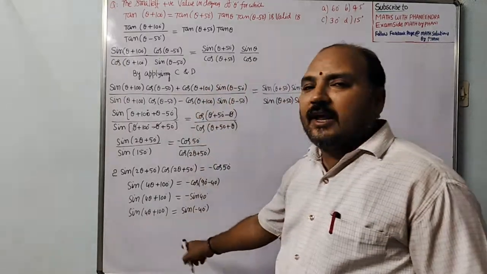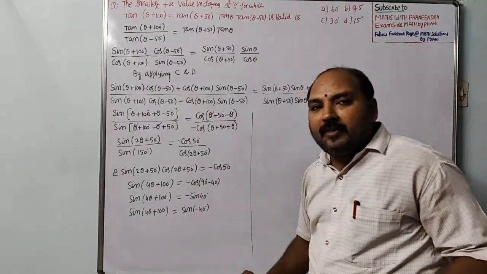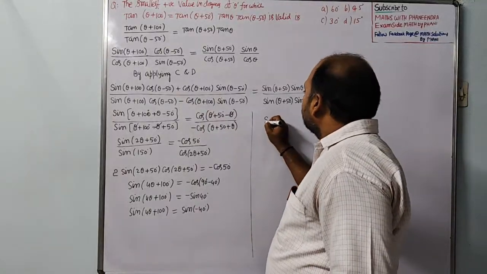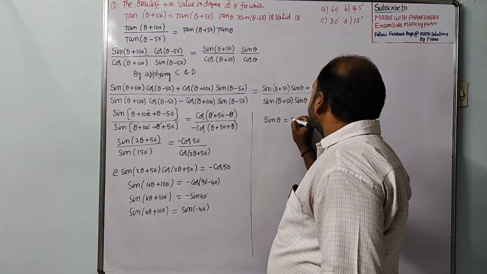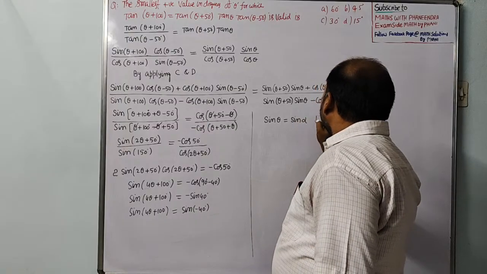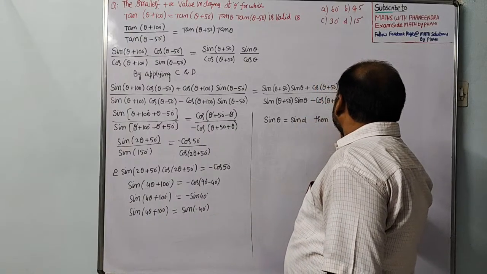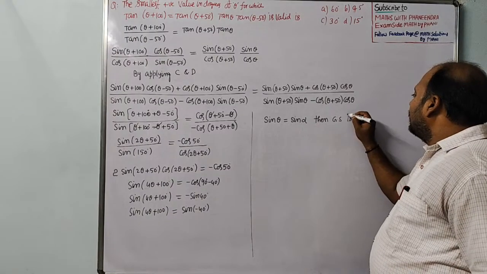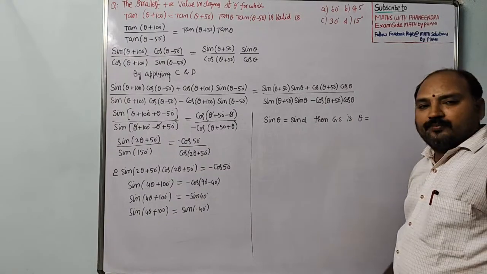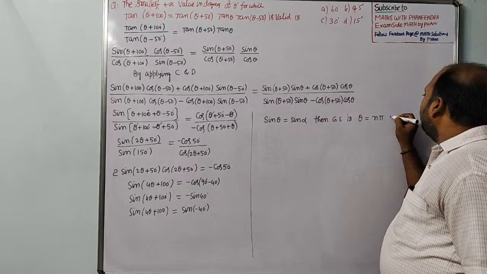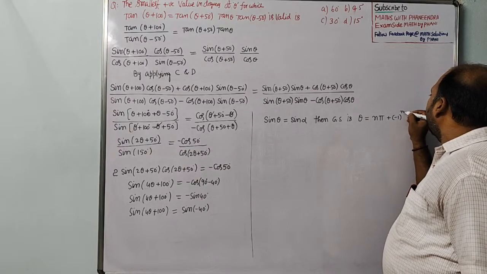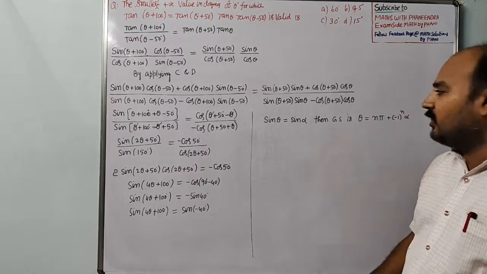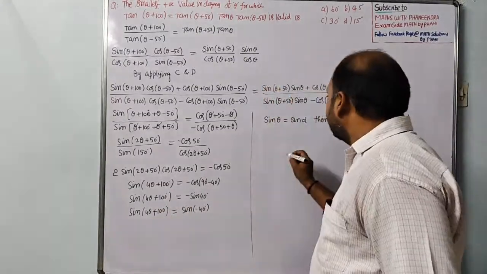It is looking like, if you go to the trigonometric equations, sin theta is equal to sin alpha, then the general solution is theta equal to n pi plus minus 1 whole power n into alpha. So in place of theta, what value is there?